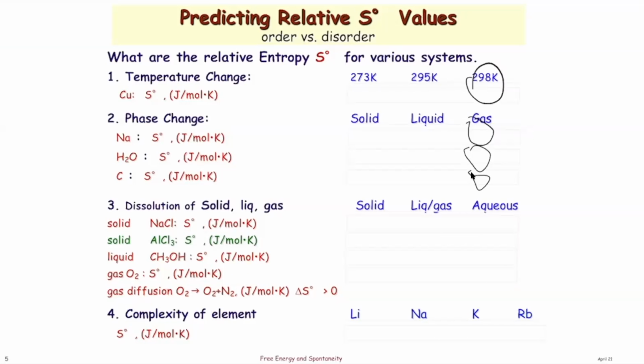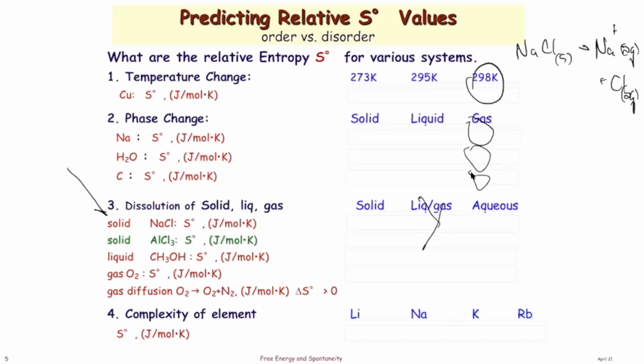Now here, this is a little bit tricky. What we have for these is the dissolution. The dissolution is sodium chloride solid going to sodium ions and chloride ions, because that's what happens when something dissolves. Which one is going to have greater entropy, the solid or the aqueous form? This is not liquid form.